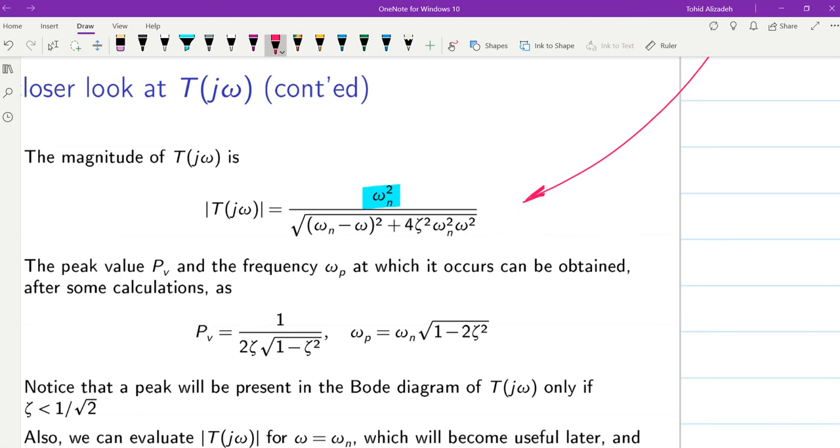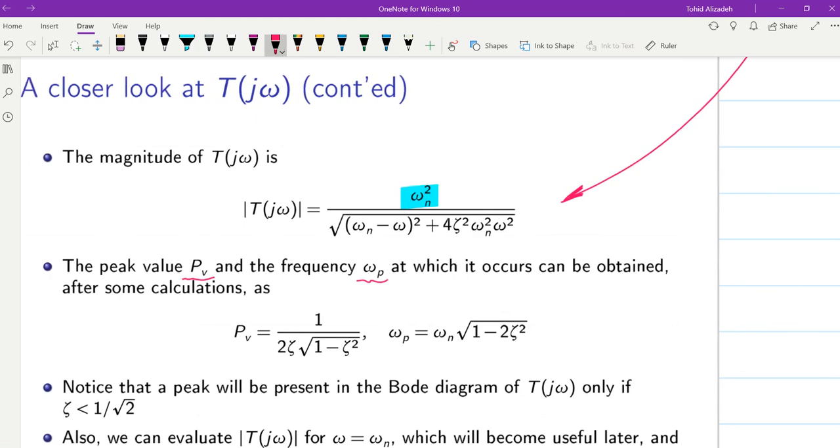Then we are interested in finding the peak value and the frequency at which the peak value happens. So omega p and M p. And after some calculations, we can find them as you see here. So the peak value will happen at the frequency omega p, which is equal to omega n times the square root of 1 minus 2 zeta squared. And the peak value will be equal to 1 over 2 zeta times the square root of 1 minus zeta squared.